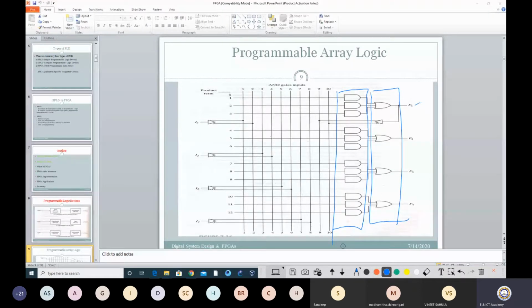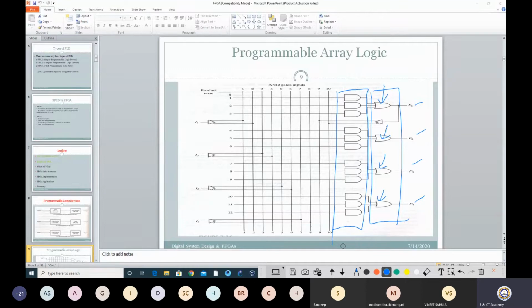The outputs are F1, F2, F3, F4. Those are the functions. The output is being generated from my OR gates. Each OR gate has inputs that come from AND gates, so the OR gate input is the output of my AND gate.